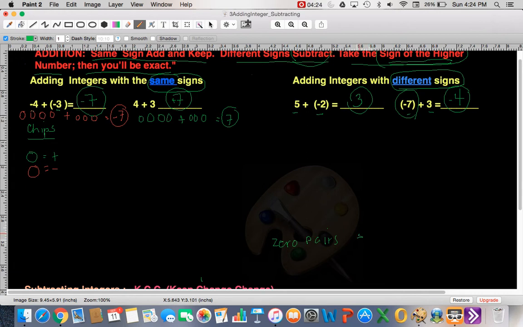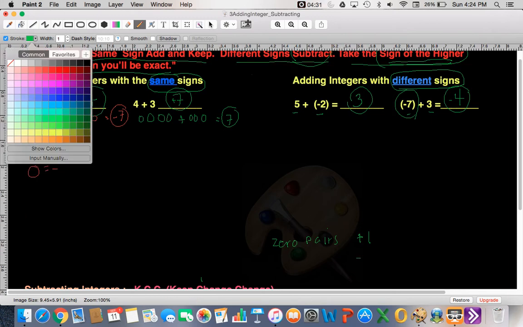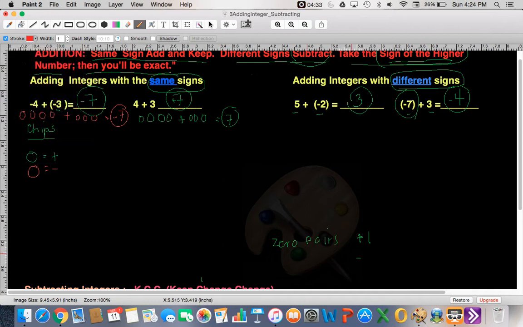So here, +1 plus -1 would be 0. So you cancel that out. That would be zero pairs.